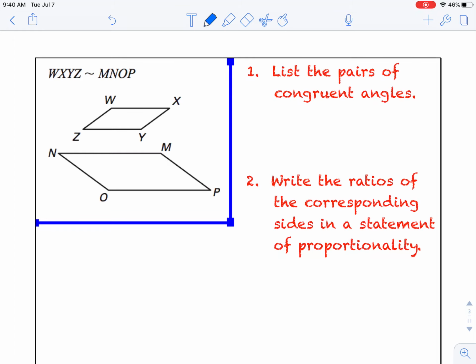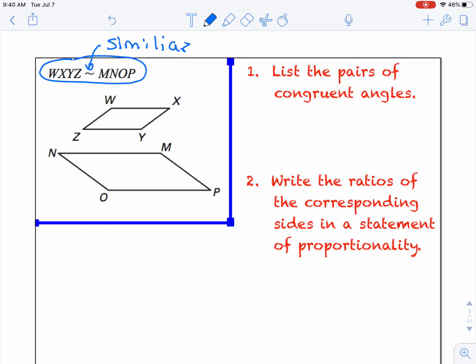If we look at the second example, we can see that it's listed that the figures are similar. That's what that symbol means, similar.